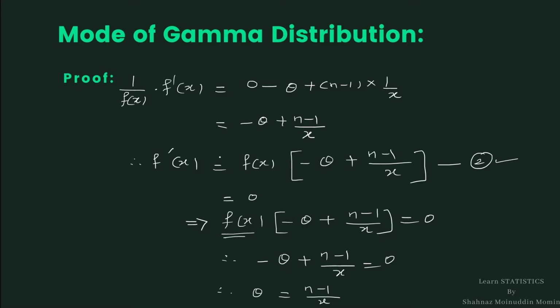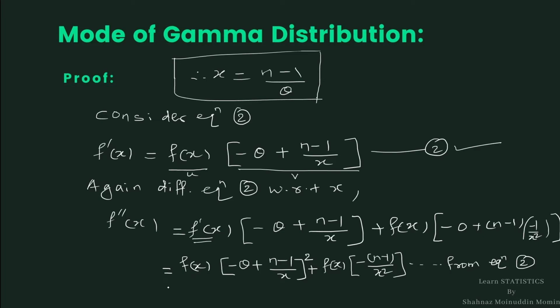Let me write equation 2 once again. f(x) can be taken common from the equation, then it is minus theta plus n minus 1 upon x, bracket square, minus n minus 1 divided by x square.